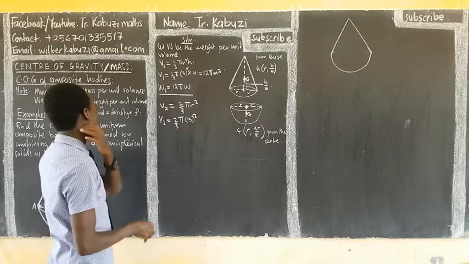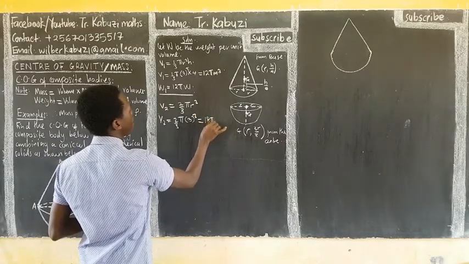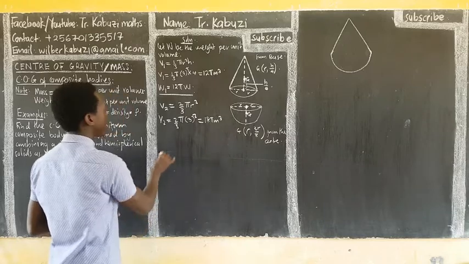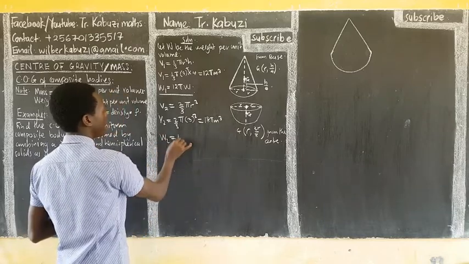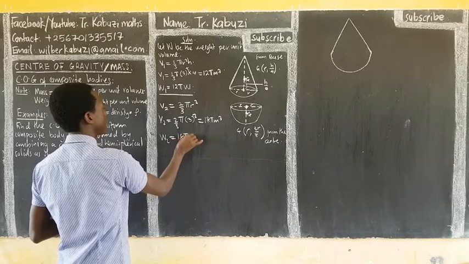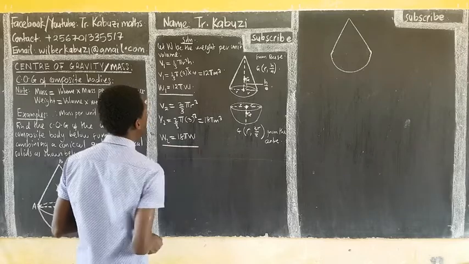This is 27/3, 9 times 2, that is 18 pi meters cubed. And so our second weight is going to be the volume times the weight per unit volume.